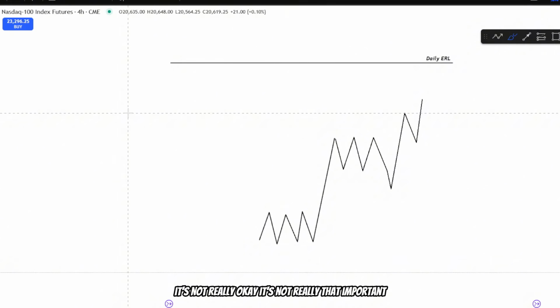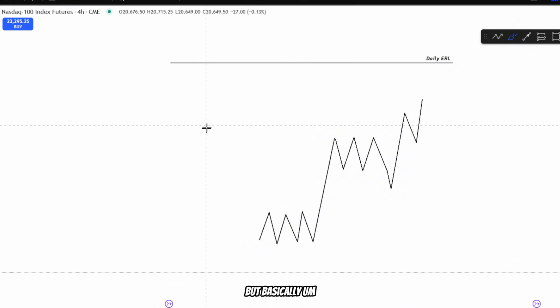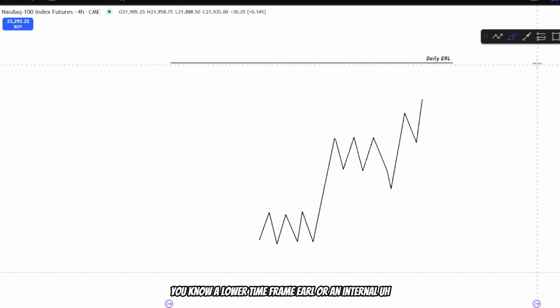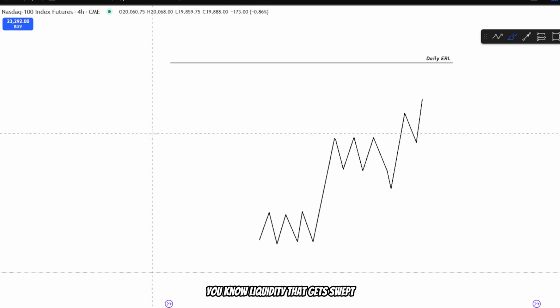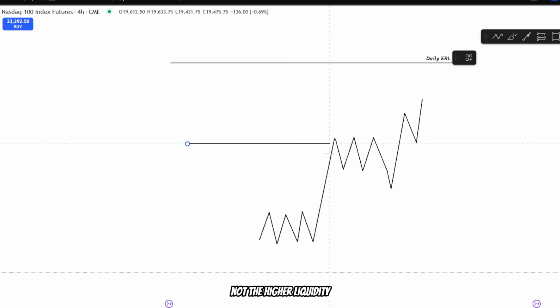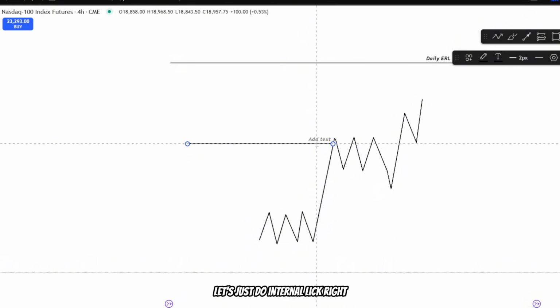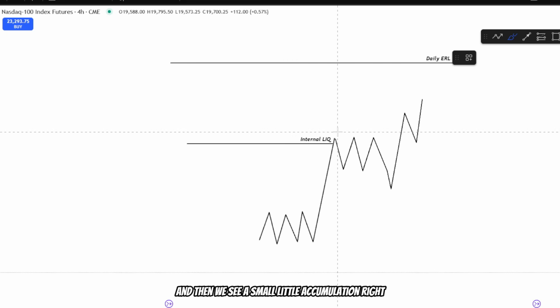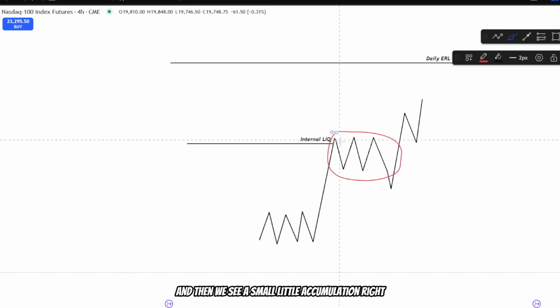It's not really that important, but basically, let's say we're looking to the left, and we have a lower time frame ERL or an internal liquidity that gets swept. Internal liquidity, not the higher liquidity, gets swept, and then we see a small little accumulation, right?